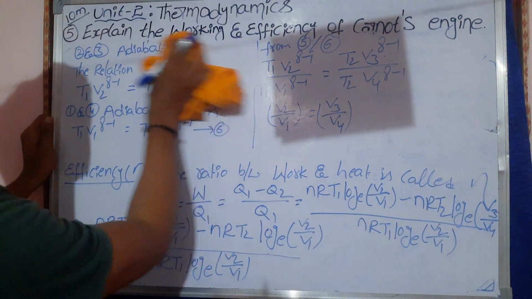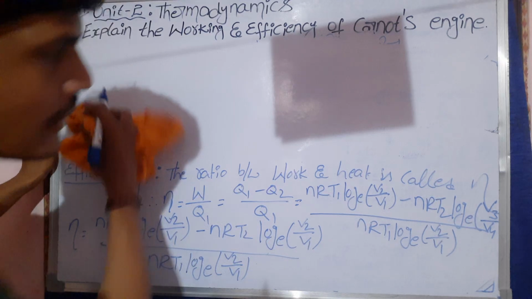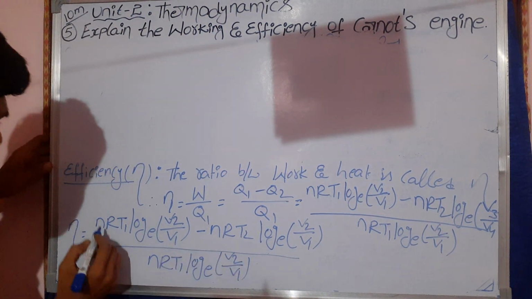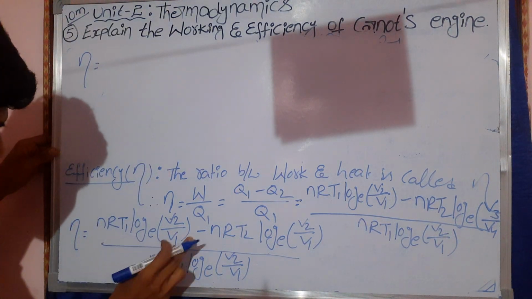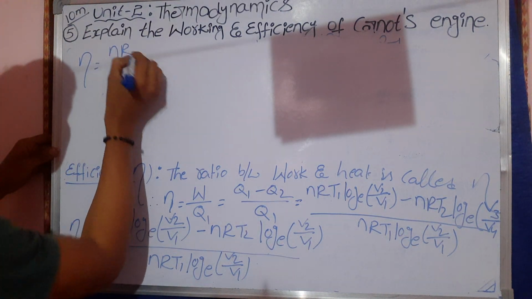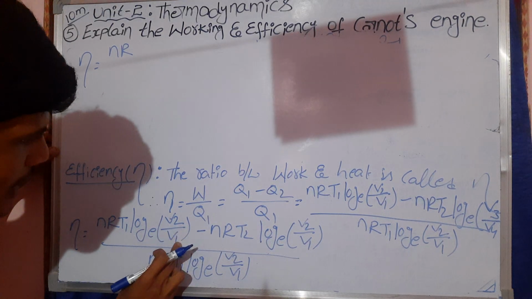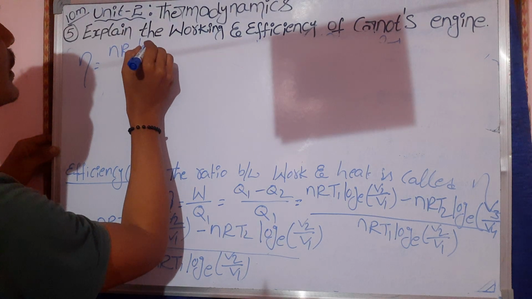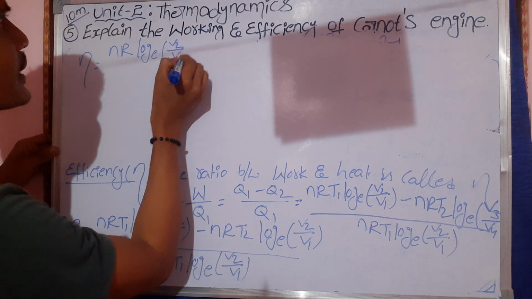So next, the common terms in eta: NR log e base V2 by V1 is common.